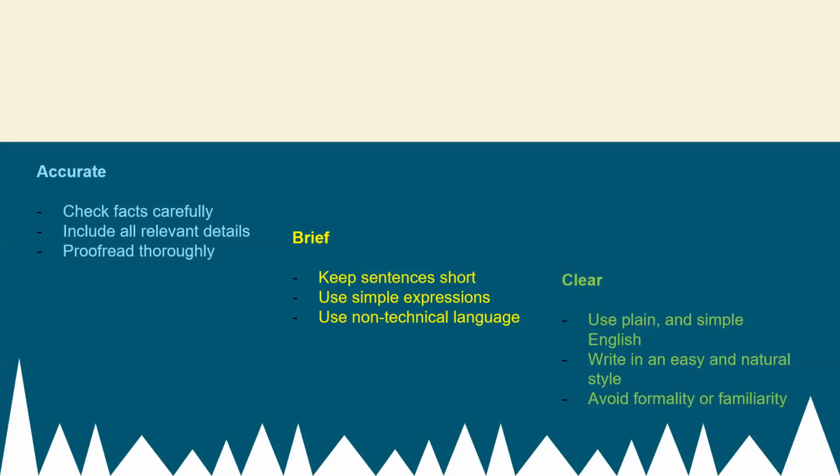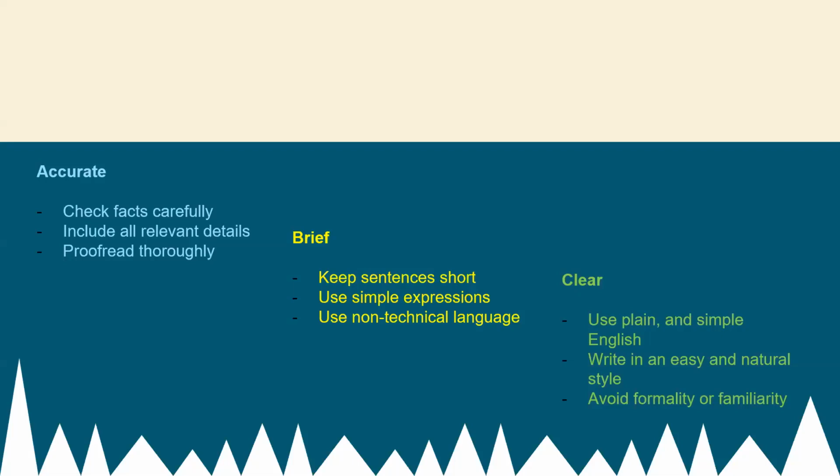Then be brief. You need to keep your sentences short. Simple sentences, simple expressions are better. You need to use non-technical language, meaning that you need to use high frequency wording. Then the last one is clear.